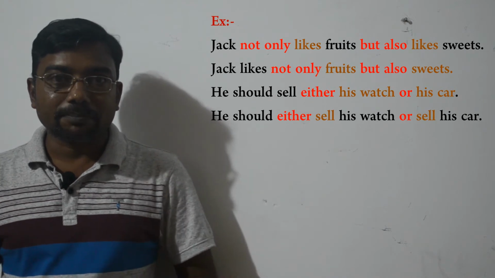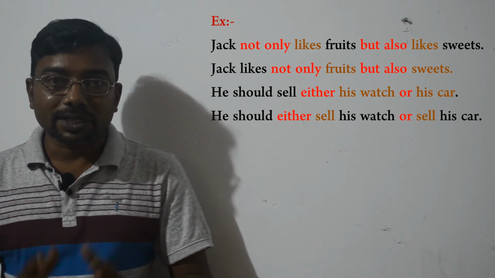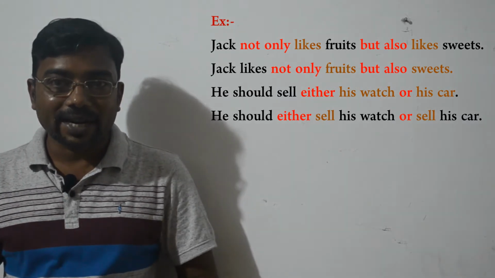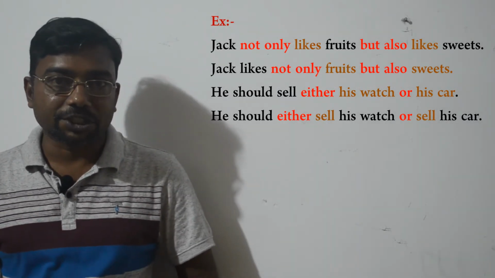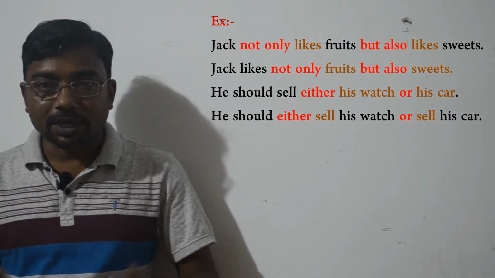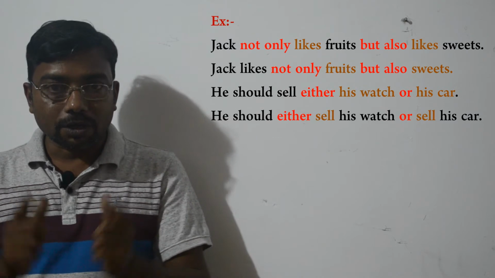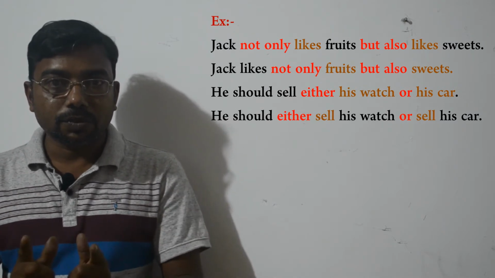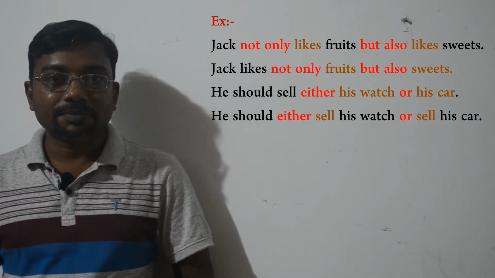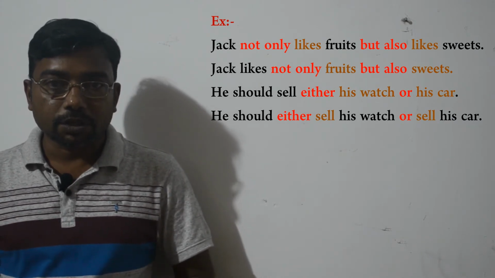Look at the first example. Not only, but also are used to link two verb phrases, likes fruits and likes sweets. They have the same grammatical function. Look at the second example. Jack likes not only fruits but also sweets. Here we use correlative conjunctions to link two nouns, fruits and sweets. Third example, he should sell either his watch or his car.